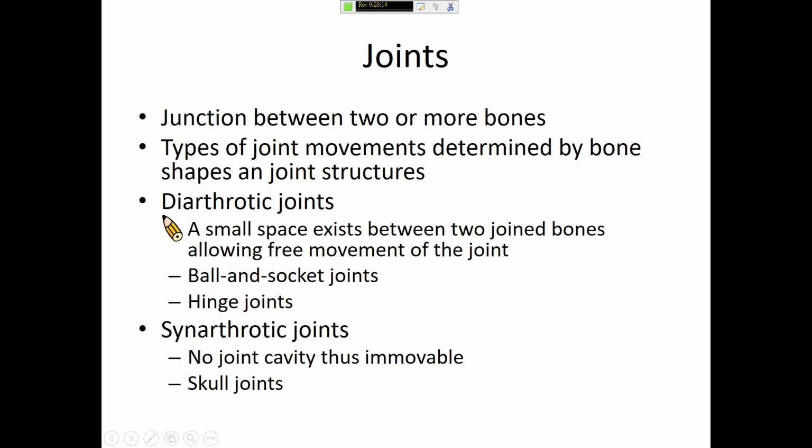And usually there's a small space between the two bones. And this gives free movement of the joints. And the famous ones are the ball and socket joint and hinge joint. Let's take a look.